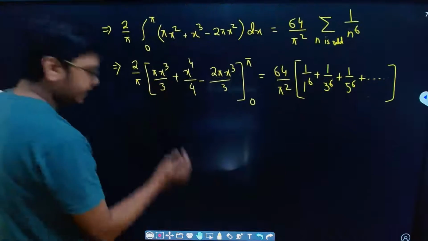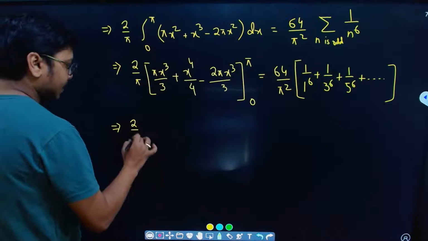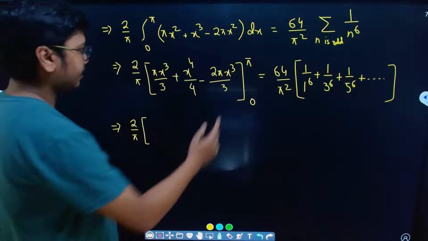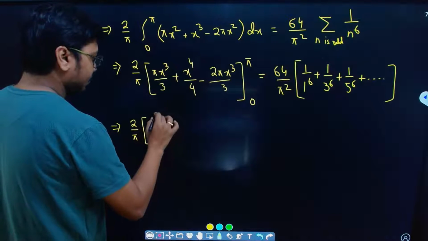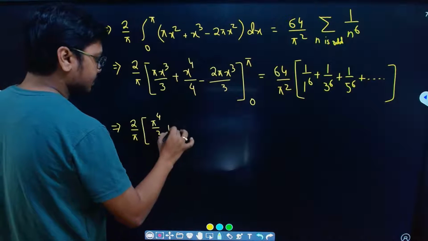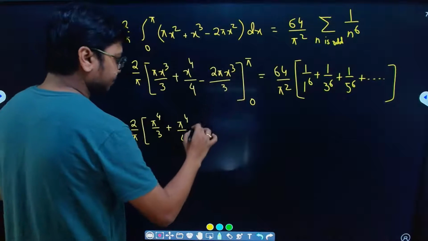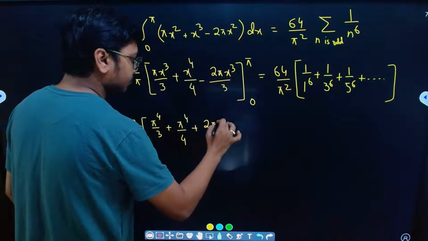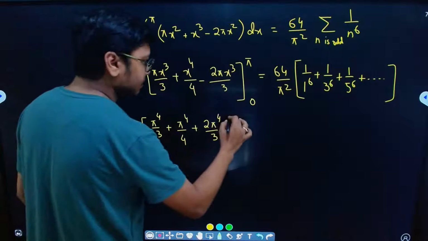So I don't have all the terms, I have only the odd terms. Now here I need to do some simplification. 2 by pi, if I put the value of pi, it's becoming pi to the power 4 by 3 plus pi to the power 4 by 4, plus 2 pi to the power 4 by 3. If I put 0, everything is becoming 0.